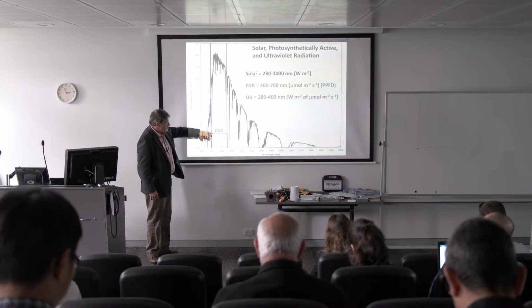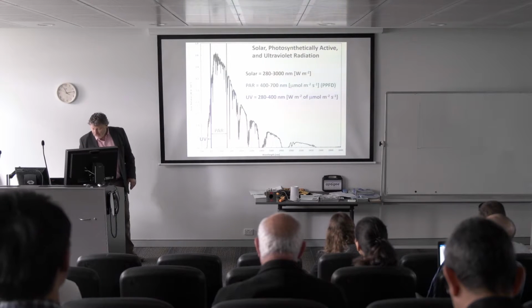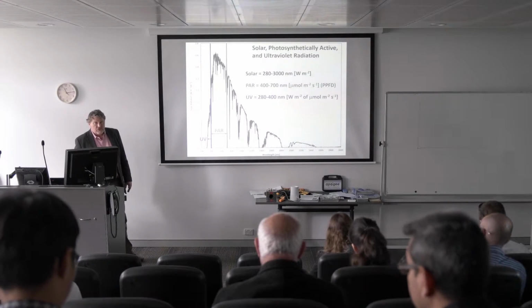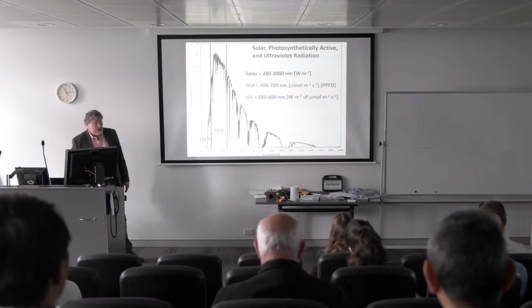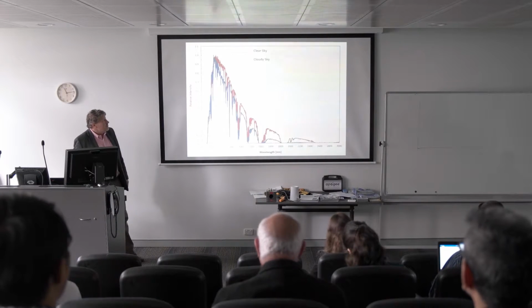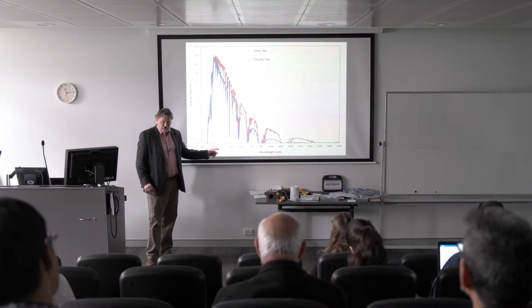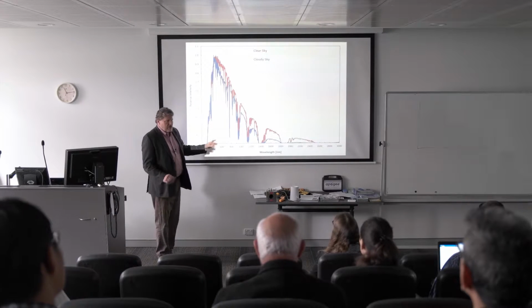There's times when we just want to measure this, but with pyranometers, we're measuring the whole thing. It's all thermal radiation. That's what drives the change of state of water from liquid to gas. So here's black body and silicon cell. Now, look at how this curve changes on a cloudy day.